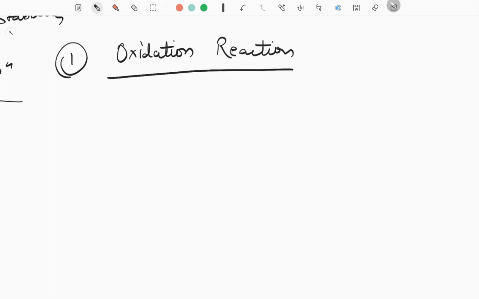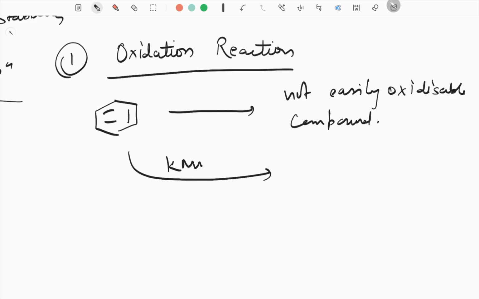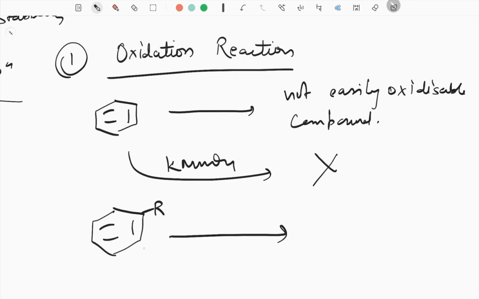Oxidation reaction means benzene or aromatic compounds themselves are not easily oxidizable compounds. They do not get oxidized via KMnO4, but their alkyl substituted aromatic compounds may get oxidized to their carboxylic acids.